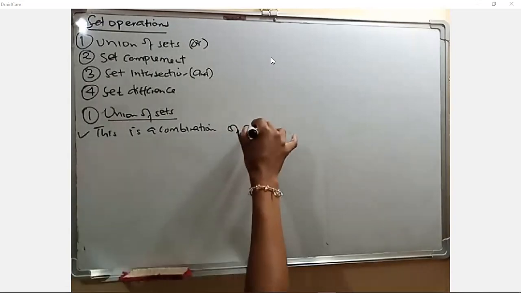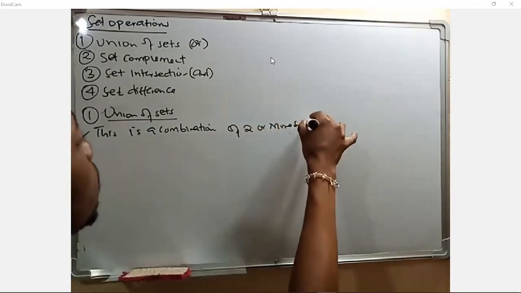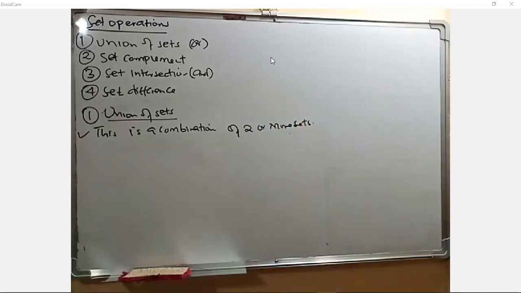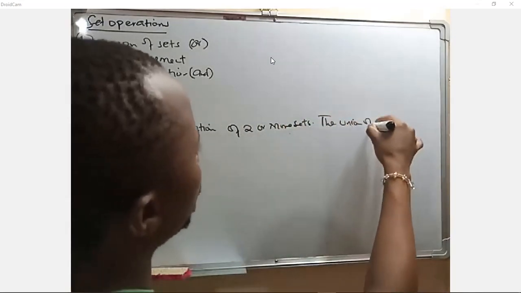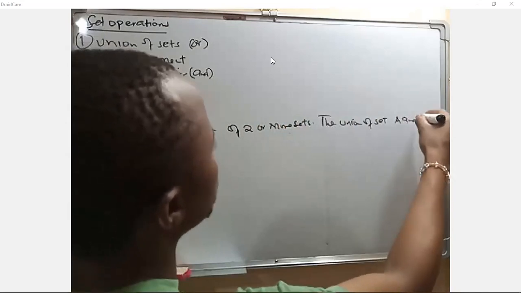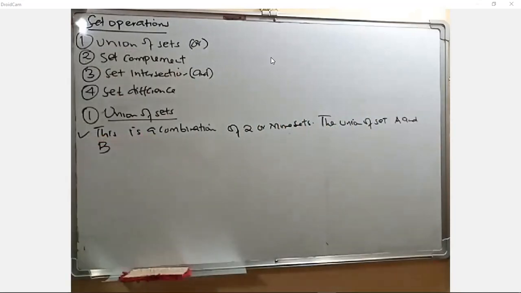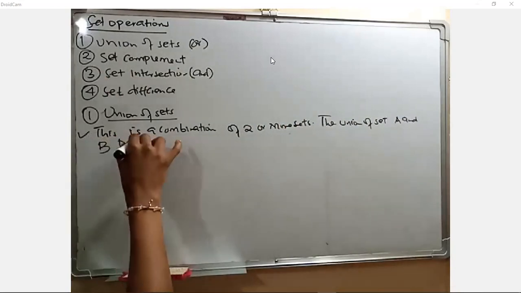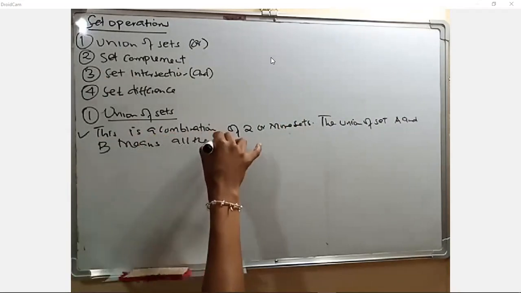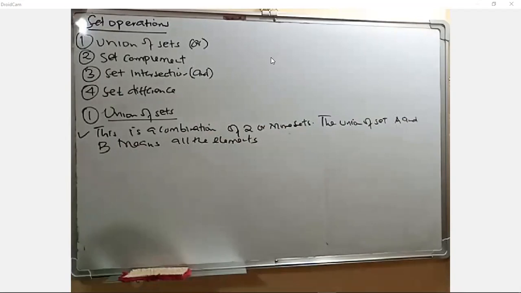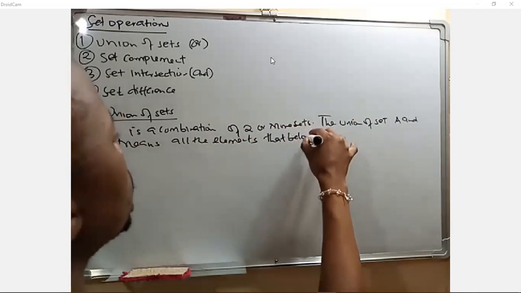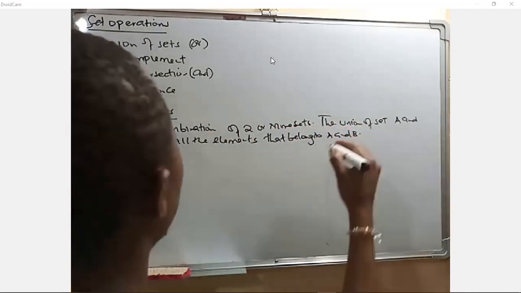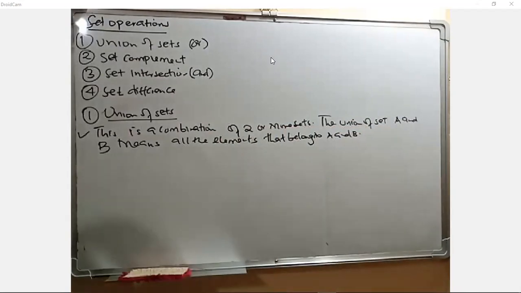In this case, we are saying the union of set A and set B means all the elements that belong to A and B, or both.